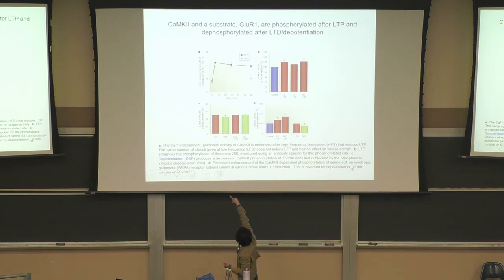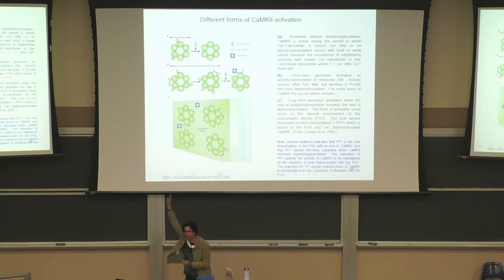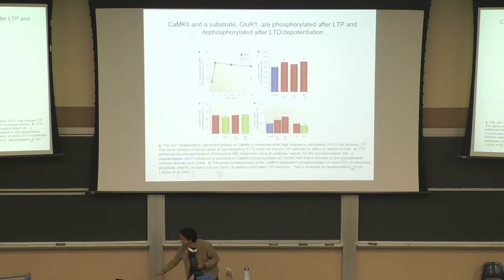So its activity increases after the high frequency stimulation in graph A. Then in graph B, they're plotting the amount of phosphorylation in CAM kinase 2. Remember that CAM kinase 2 becomes phosphorylated, and that's what maintains its activity. So after LTP happens, it becomes more phosphorylated. That's shown in B.